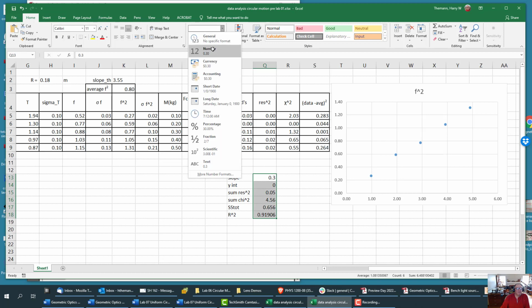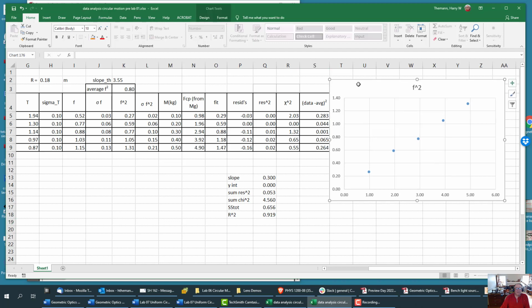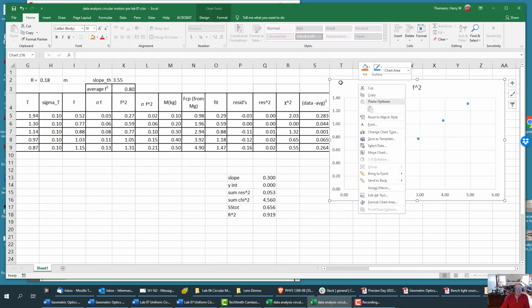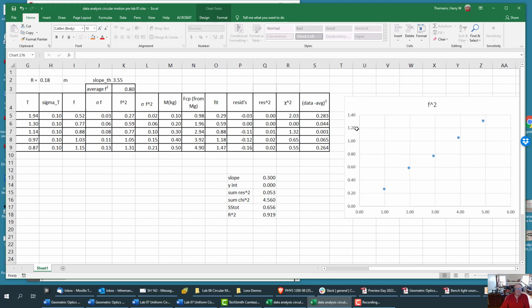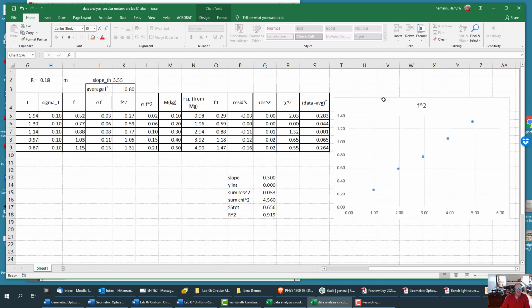And let's change this. I think I'll add another decimal place. Sweet. So let's add our, oh yeah, I want to add our fit line, but we can get a little clever because we want to have the line go all the way from 0, and we want it to pass through the last point.